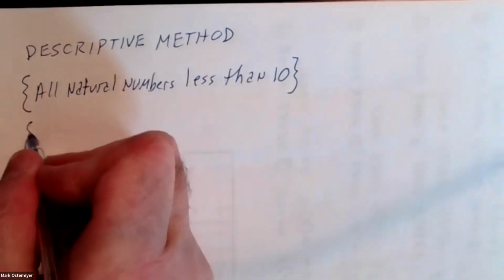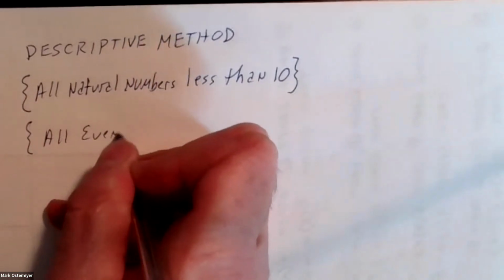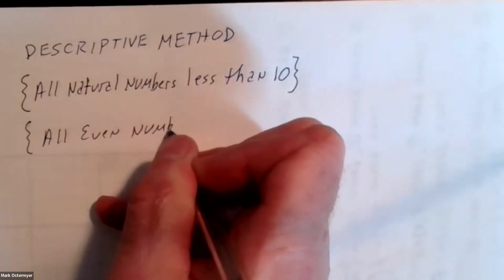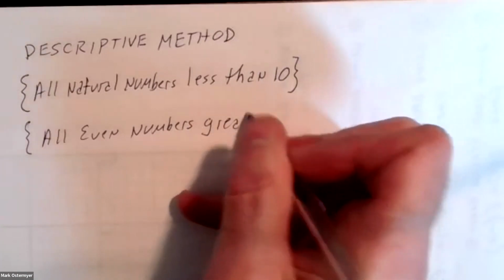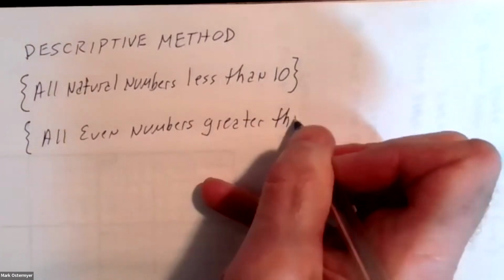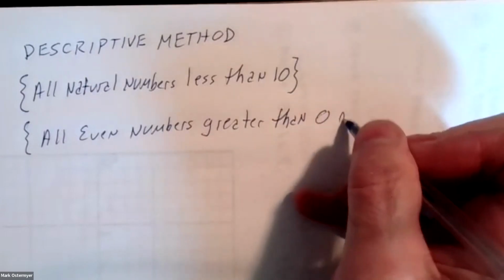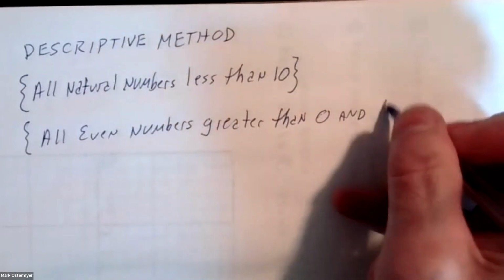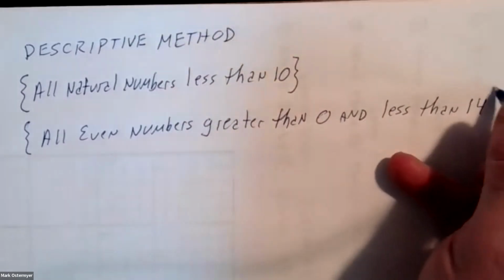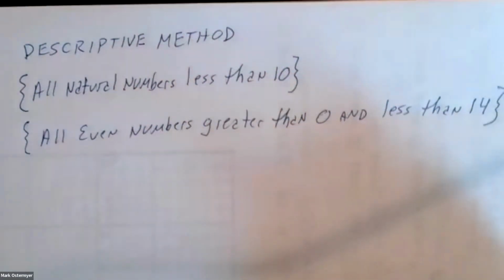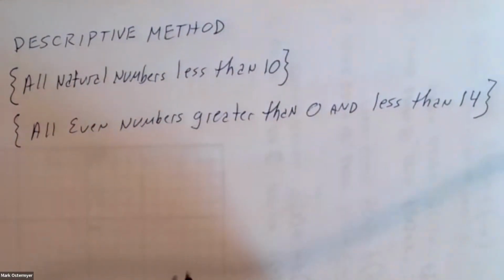All right, here's another one. All even numbers greater than 0 and less than 14. That is a descriptive method for representing this set of numbers.